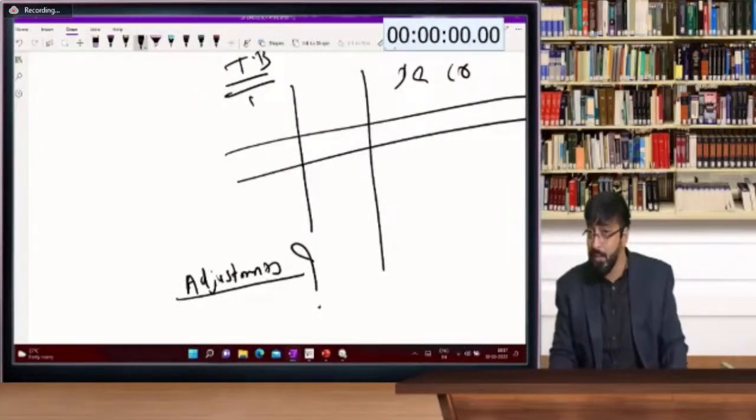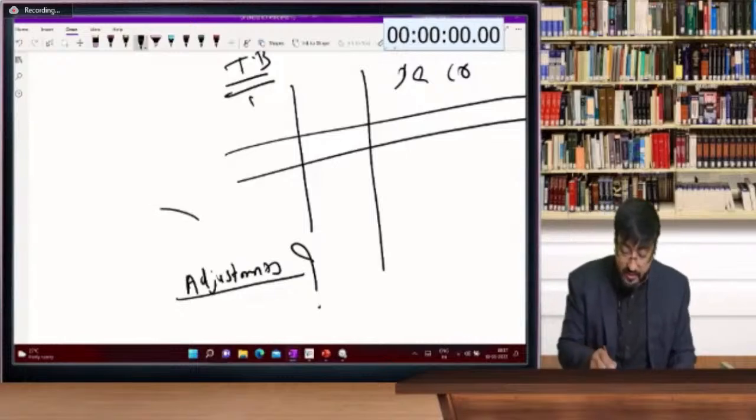Can you tell me? Don't tell me it has 2 effects. This is a very childish answer. What is adjustment? Don't tell me it has 2 effects. See, you solved n number of questions, but if you are not aware about adjustment, very difficult, beta. Very difficult in CA course.